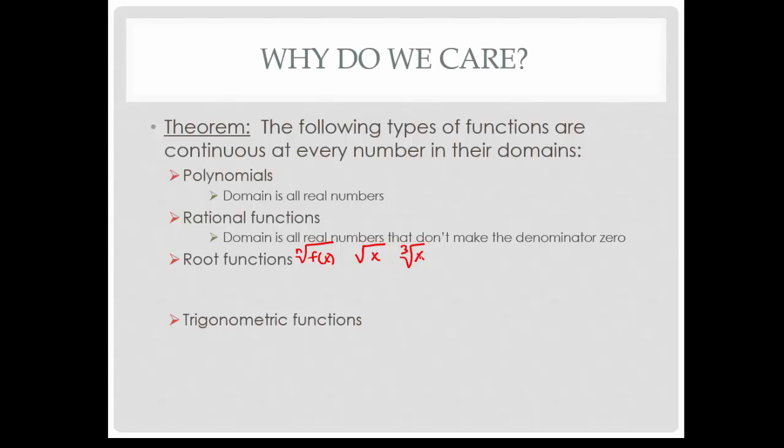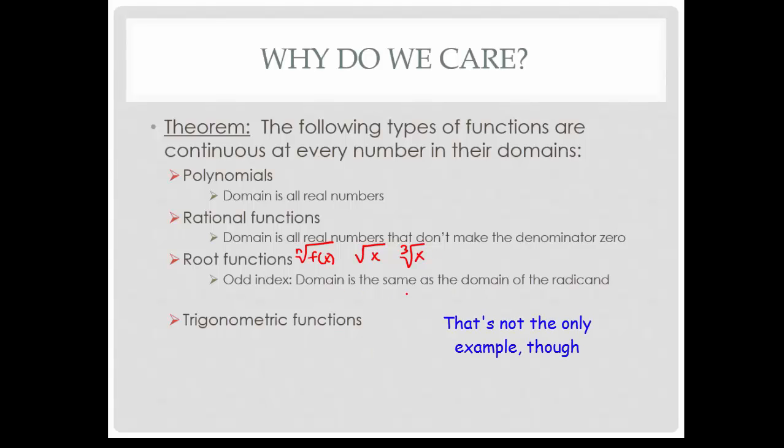Okay, those are going to have different domains. If you have an odd index, meaning you're looking at more of a cube root, the domain is the same as the domain of the radicand. The radicand is what's under the radical. So in other words, if you just have, for example, the cube root of x, the domain of x is all real numbers. The domain of cube root of x is also all real numbers.